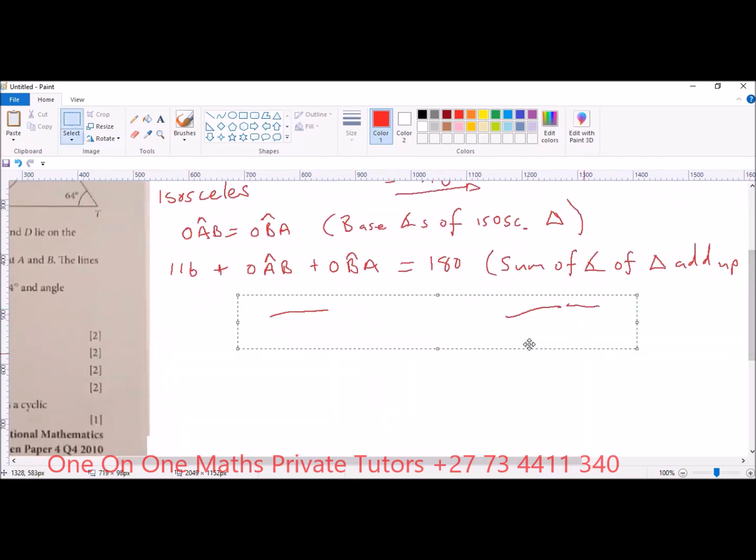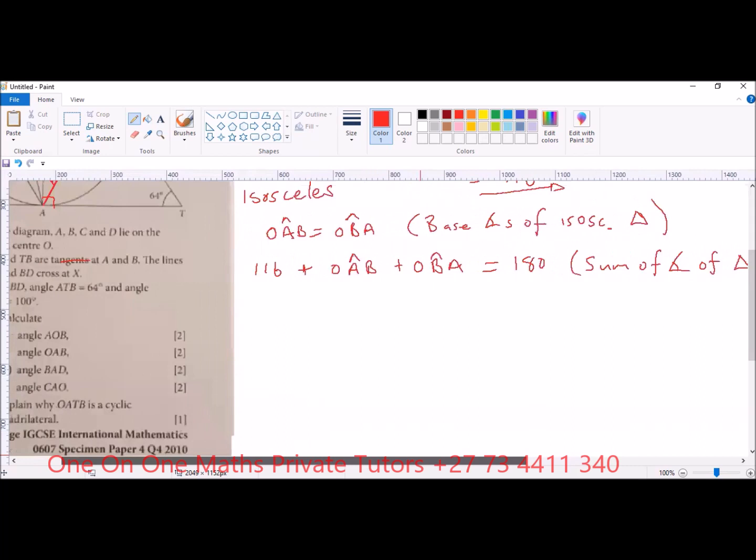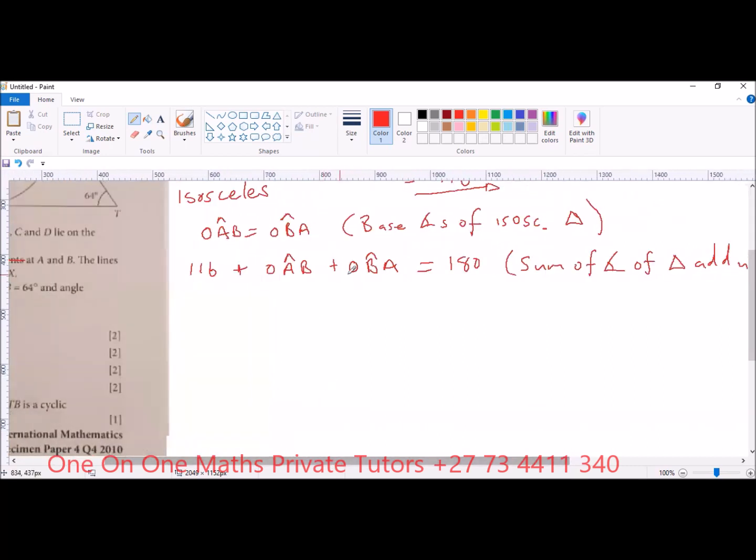So we have said OAB is equal to OBA. So we can substitute OBA with OAB. So 116 plus OAB plus OAB is equal to 180.